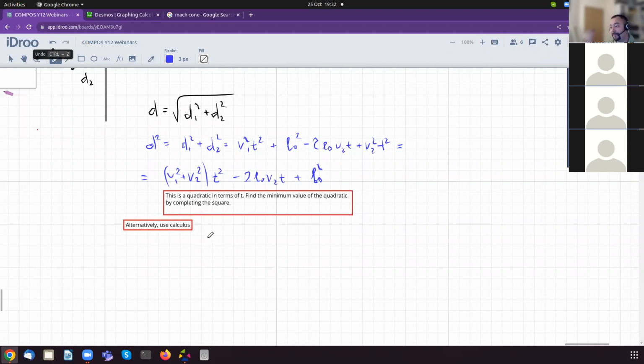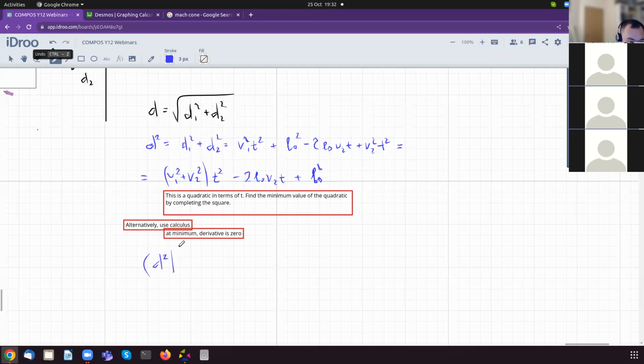Well, we know that if something has a minimum value, if we differentiate it, the derivative will be 0. At minimum, derivative is 0. And so we find the derivative.